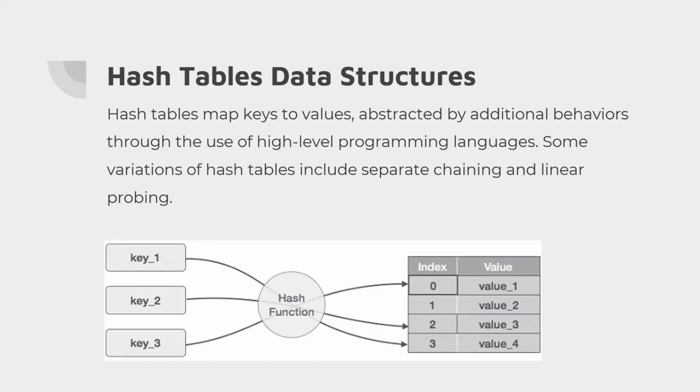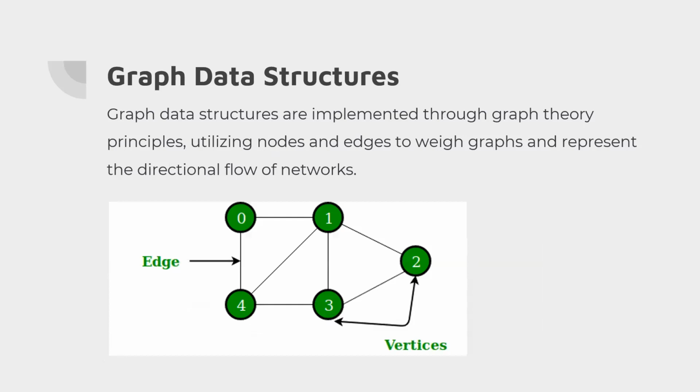So if you're going into machine learning, you'll be dealing a lot with hash table data structures. And then graph data structures are implemented through graph theory principles, utilizing nodes and edges to weigh graphs and represent the directional flow of networks.